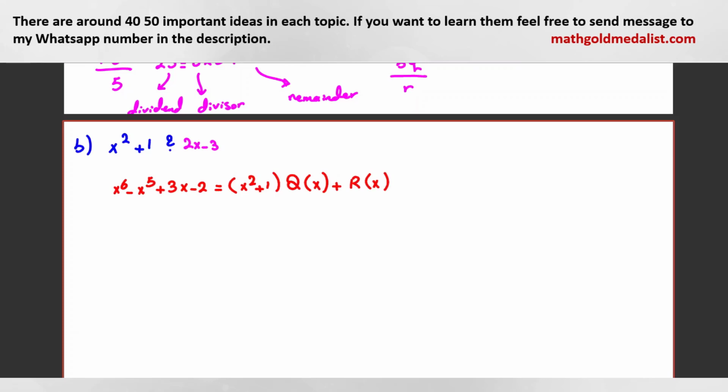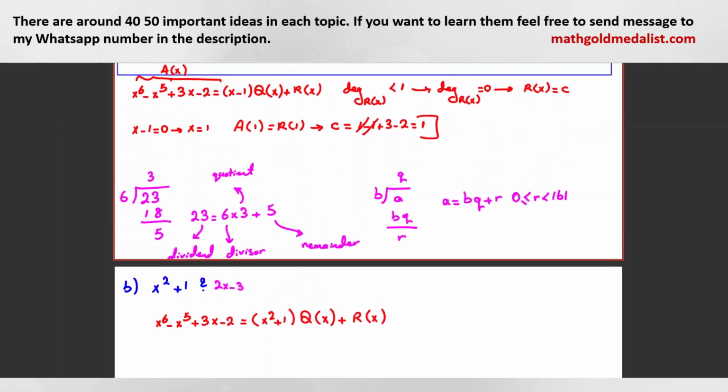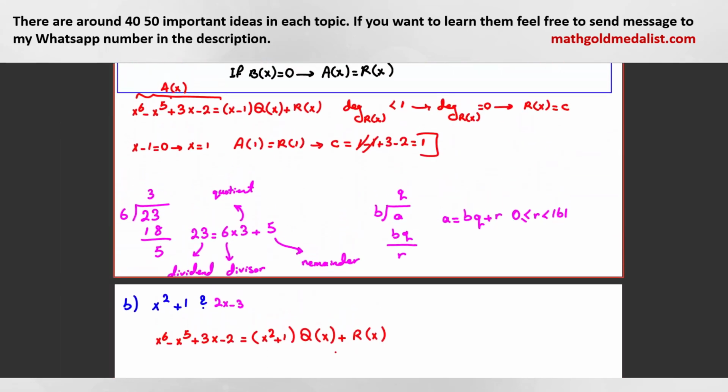Now we should solve this one to get good at these types of problems, and then you can solve parts C and D after solving this. So try this one a bit on your own. Then after that, if I tell you the solution, it will be better. See, can you find the remainder by this approach?